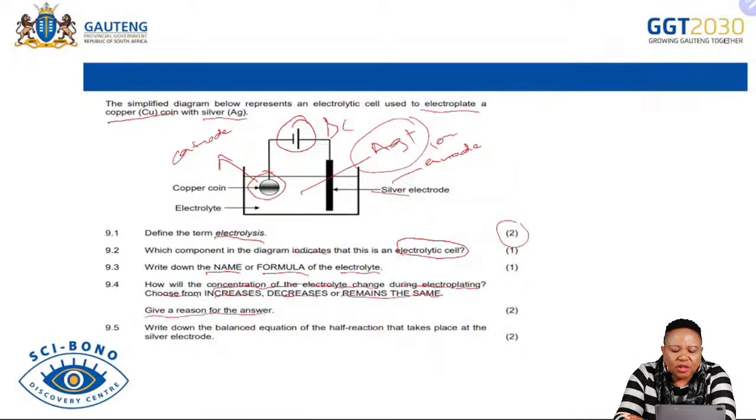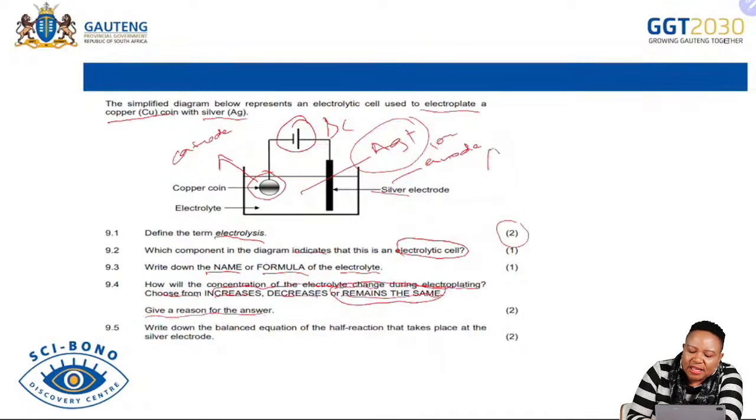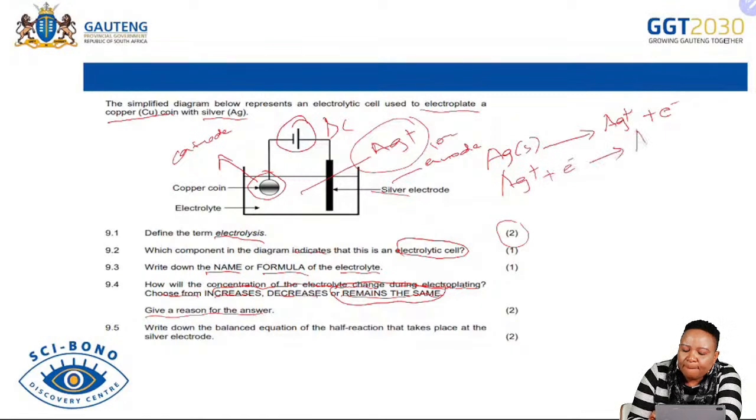Remember, during electroplating, we expect the concentration of the electrolyte to remain the same. Why? Because as the silver atom undergoes oxidation, it will form silver ions. And the silver ions that are formed undergo reduction and form silver.